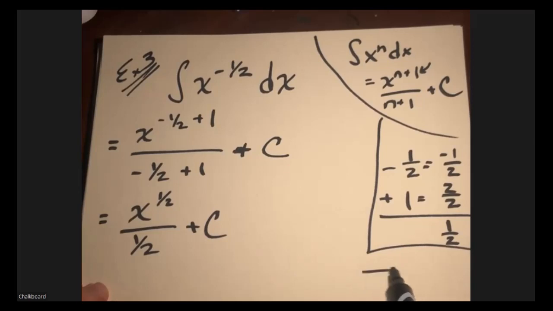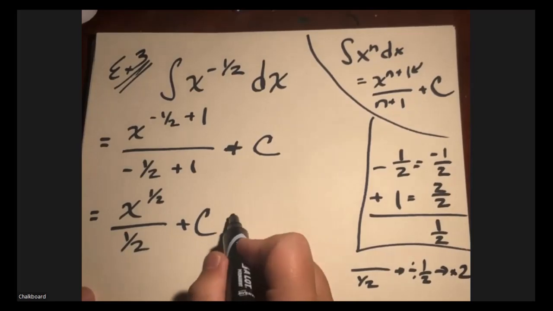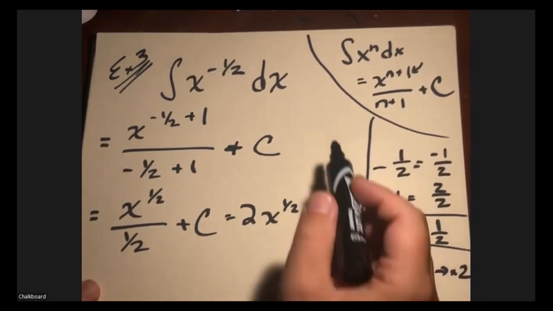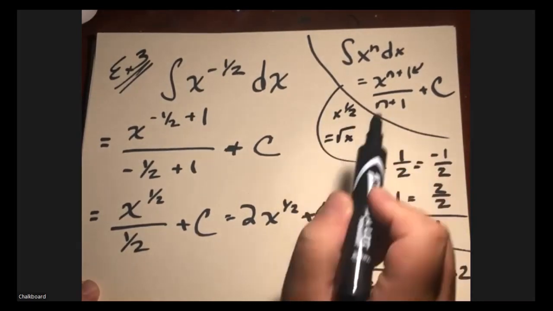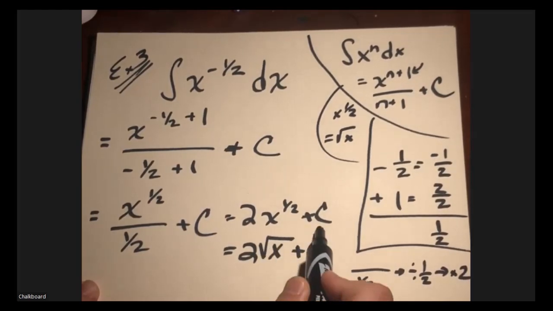Over 1/2 is the same as divide by 1/2, which is the same as times by 2, right? So why not just rewrite this to be 2x to the 1/2 plus c? And last but not least, you know what 1/2 means. X to the 1/2 is the root of x. So the answer here is 2 root x plus c. This is what they want.